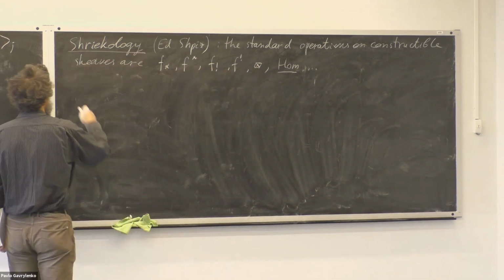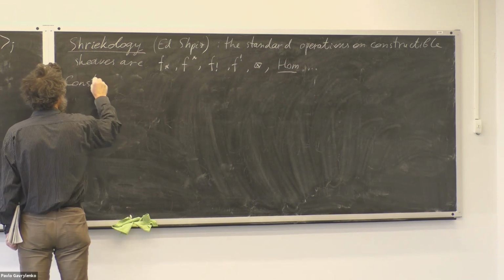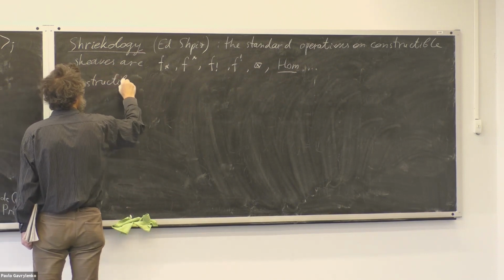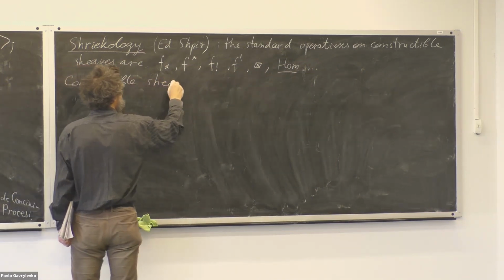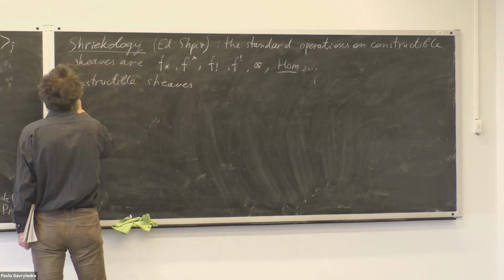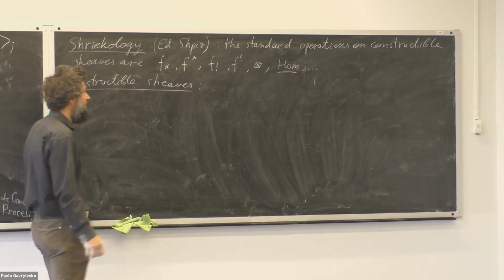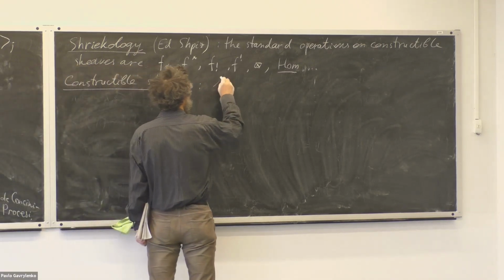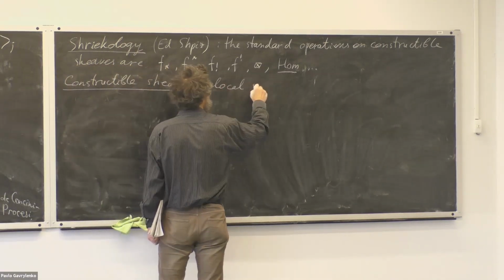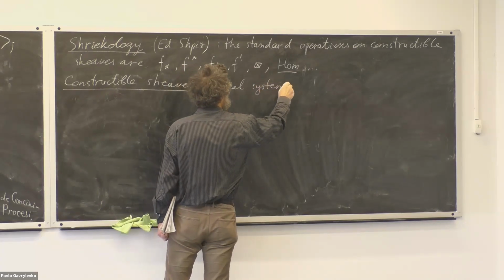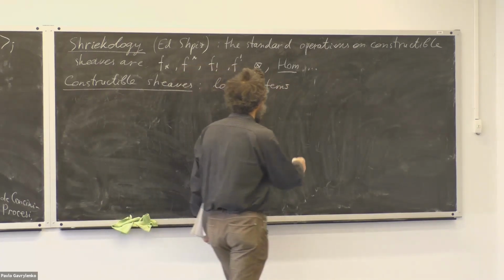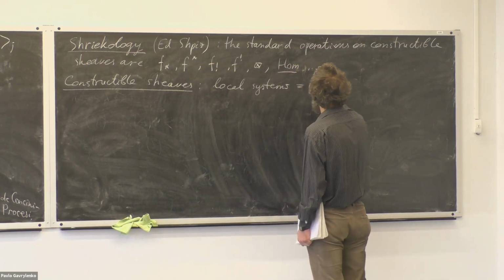So what are constructible sheaves? So first of all, they are local systems. And these are the same as locally constant sheaves.